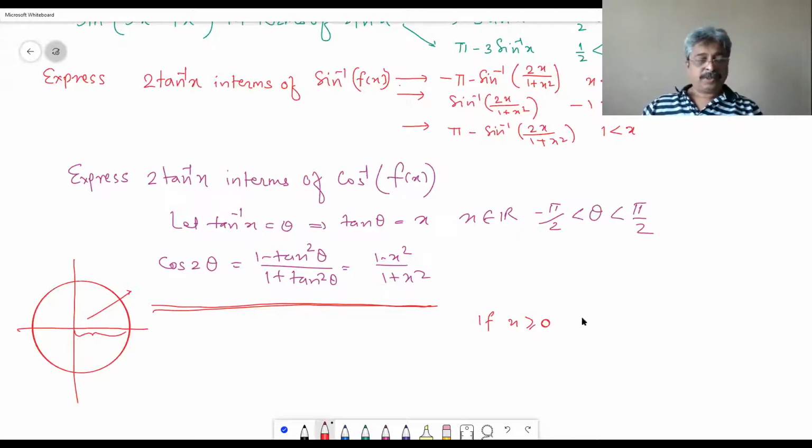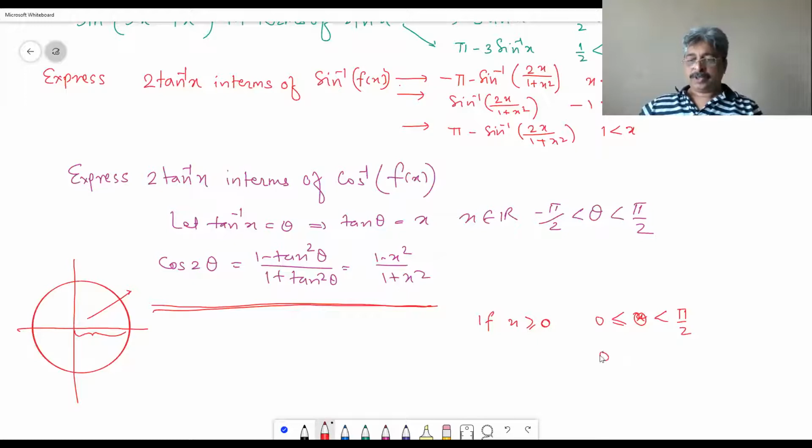theta will be between 0 to, if x is greater than or equal to 0, that means your angle is between 0 to, x is equal to 0 is inclusive, so this is pi by 2.